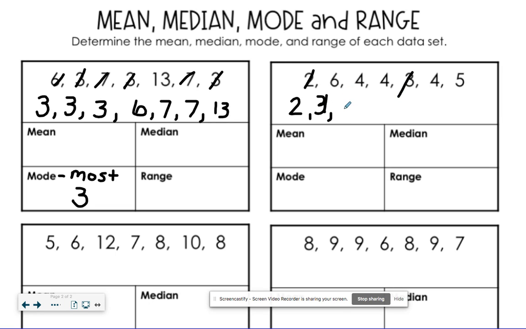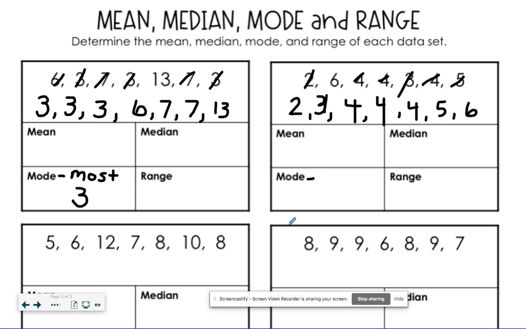She's got a 2, she's got a 3, she's got a 4, a 4, a 4, a 5, and a 6.